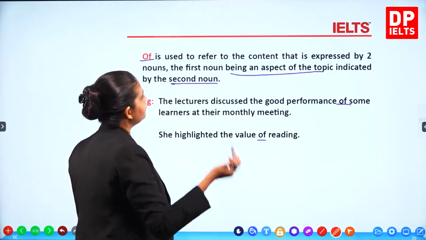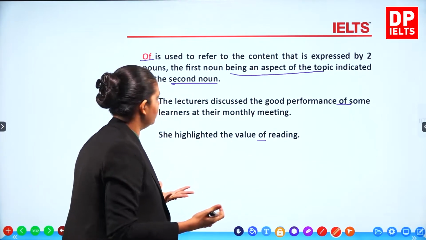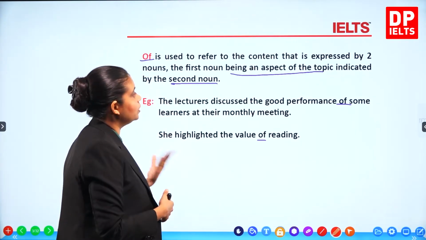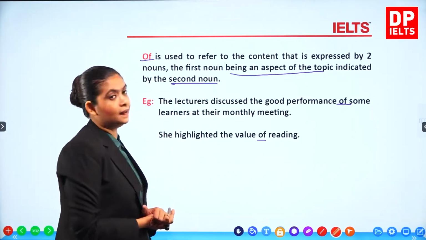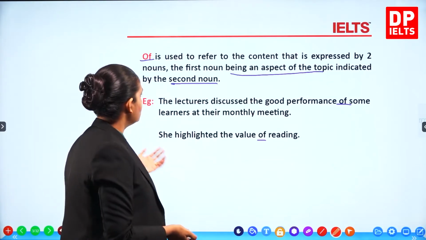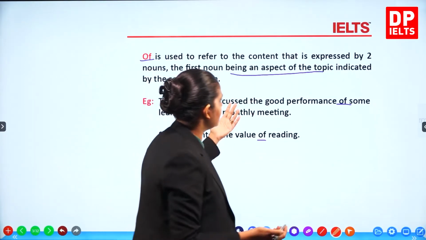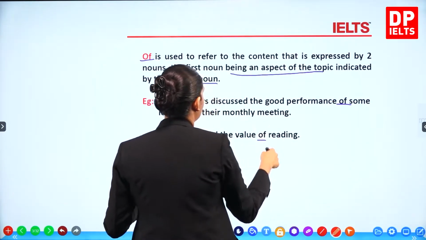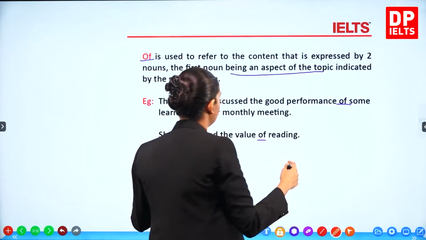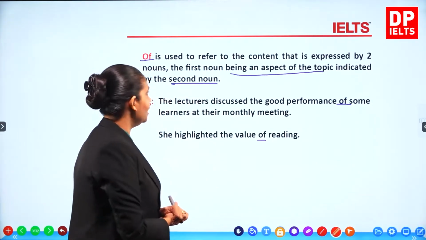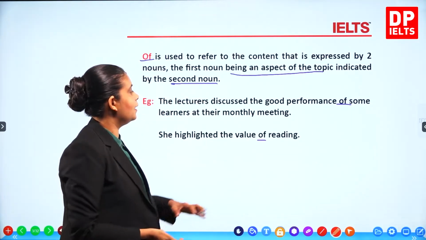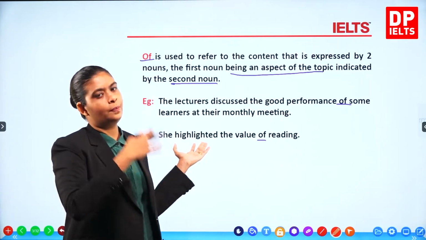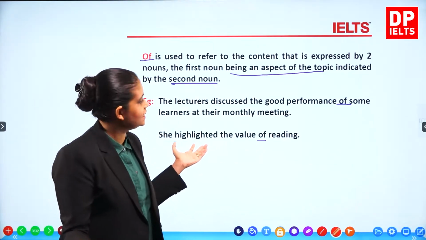The first one is the aspect of the topic, which is indicated by the second noun. So when you say the lecturers discussed the good performance of some learners at their monthly meeting, it talks about two nouns, and the first aspect of the topic is indicated by the second one.